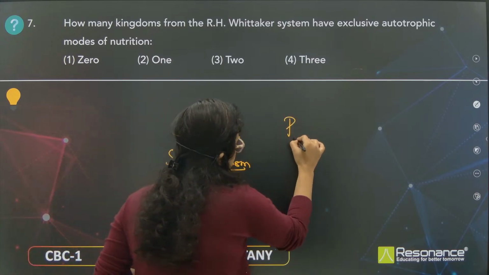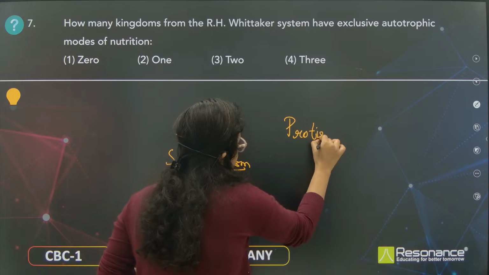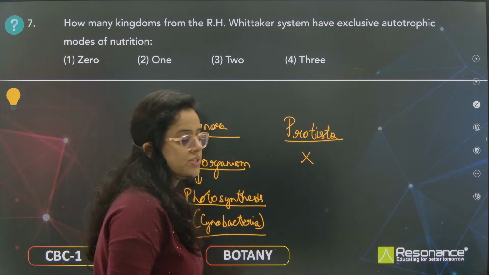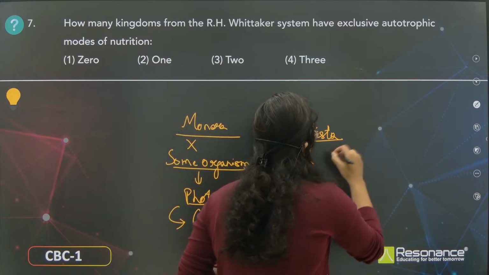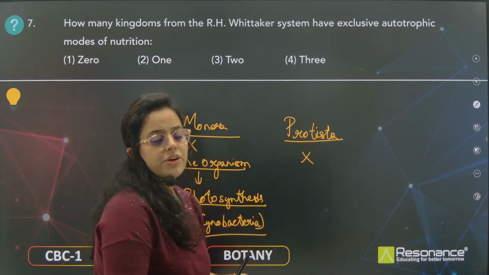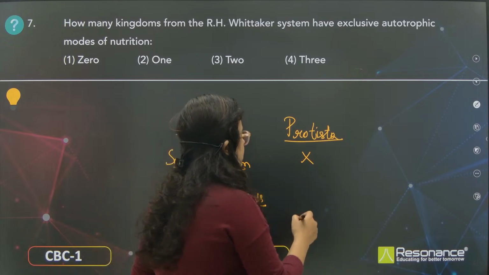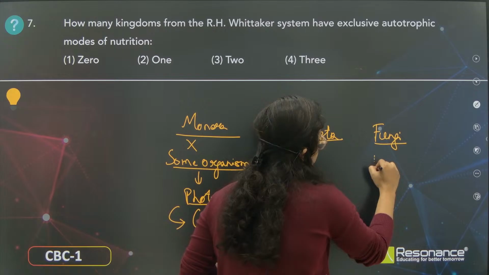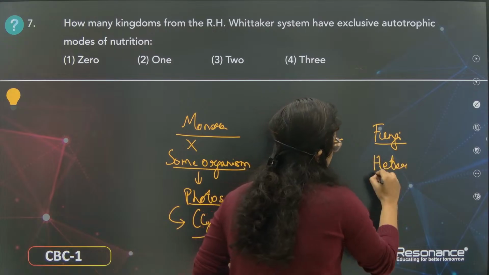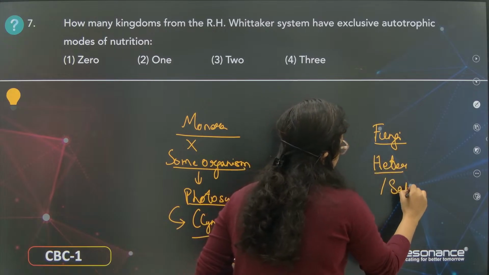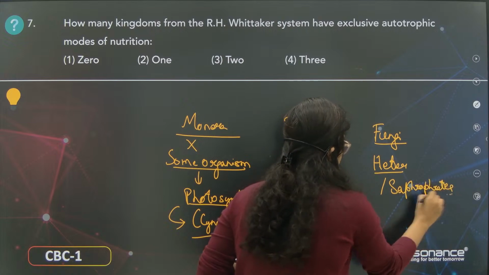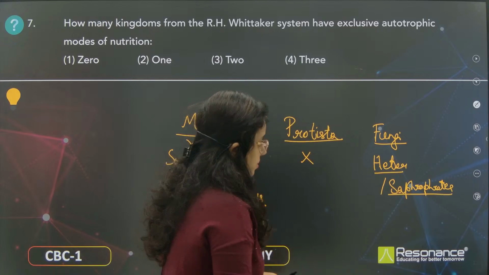Now again Protista, some organisms of the Protista also perform photosynthesis, so it is not an exclusive characteristic feature. Like Euglena, it can have a heterotrophic mode of nutrition, and it can perform phototrophic mode of nutrition also. Fungi are heterotrophic, which are saprophytes, which grow on dead and decaying matter, and most of them are this, and they can be parasitic also.